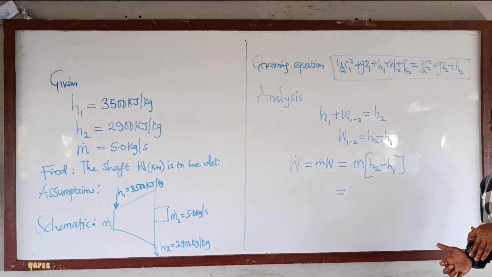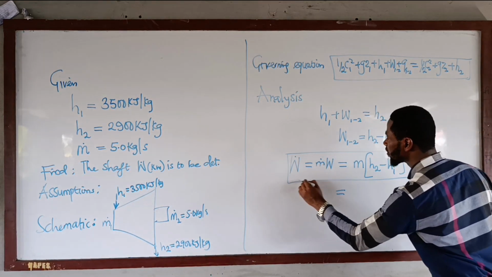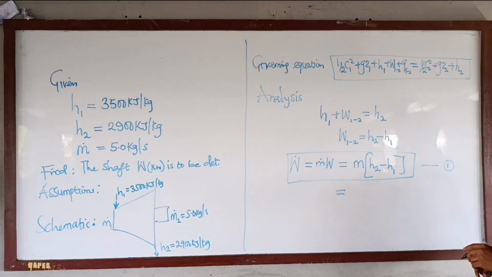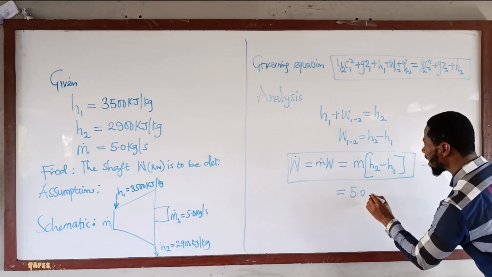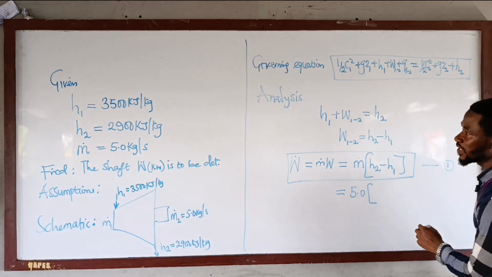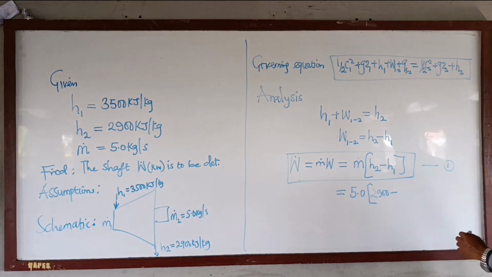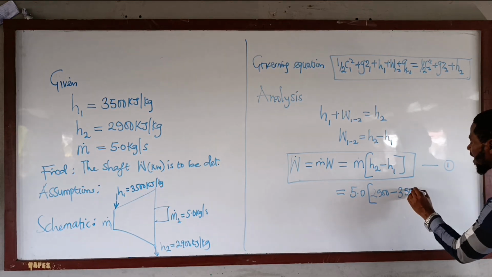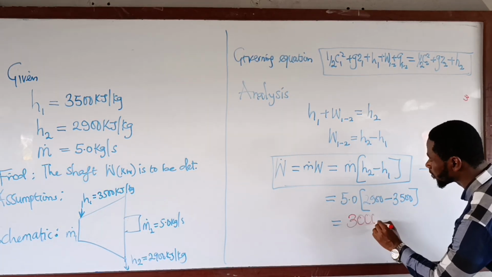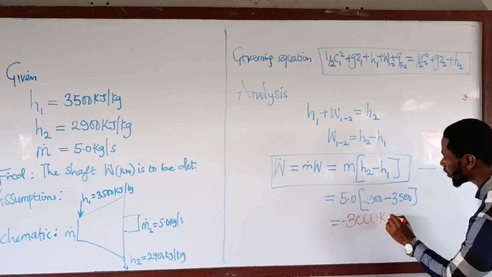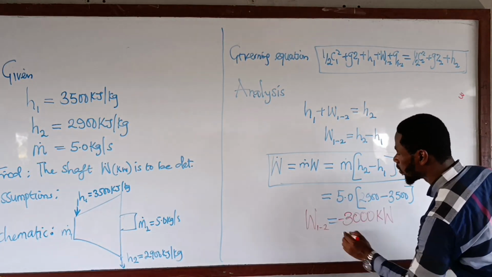So we plug in the values into equation 1. The mass flow rate is given as 5.0, H2 is given as 2,900 minus 3,500. So the value becomes minus 3,000 kilowatts, which is W1-2.